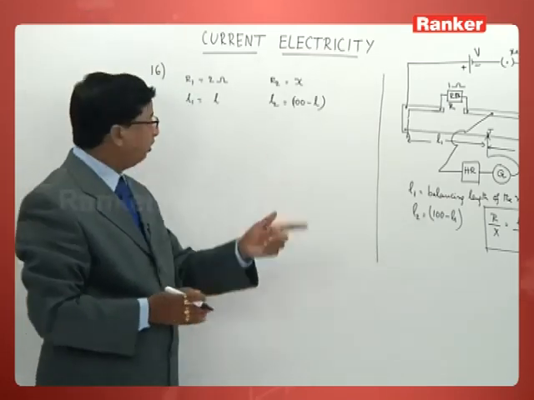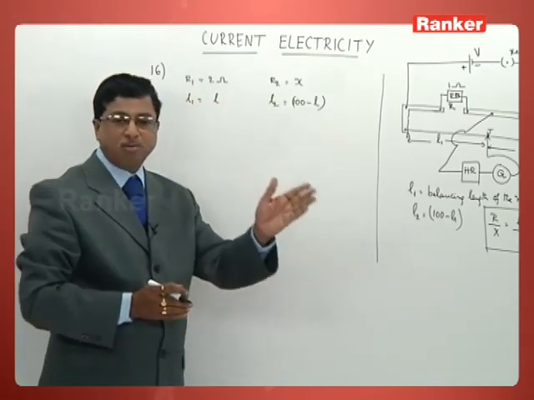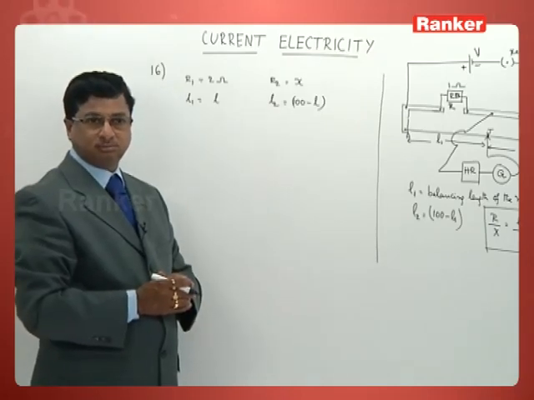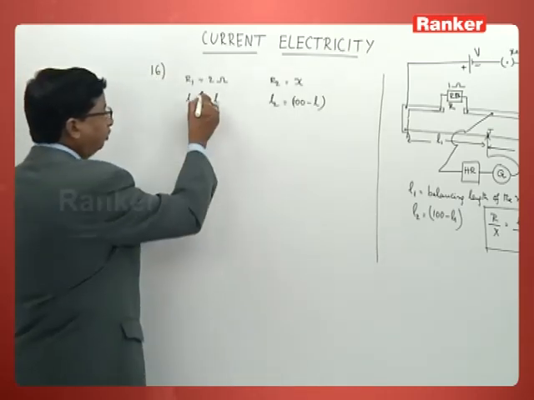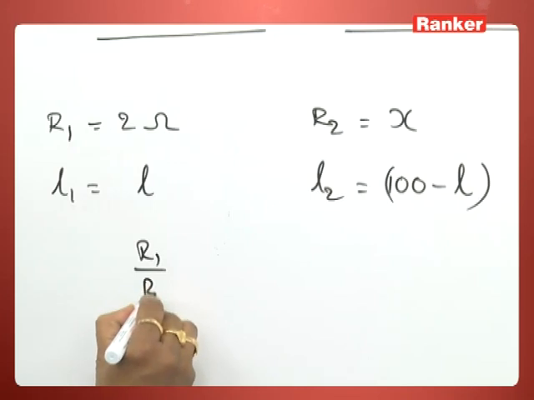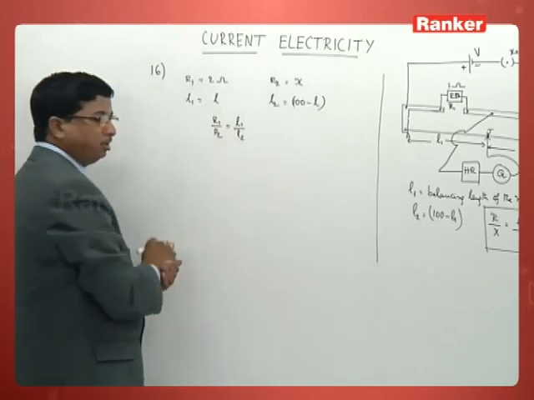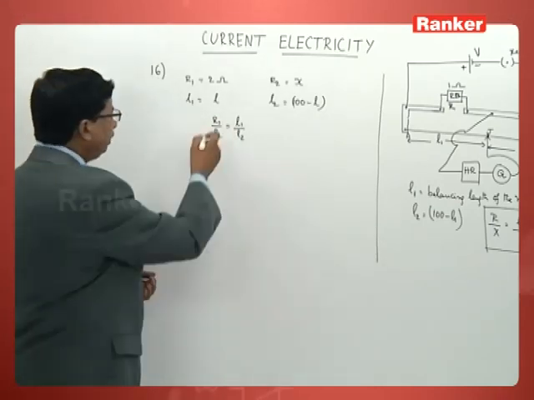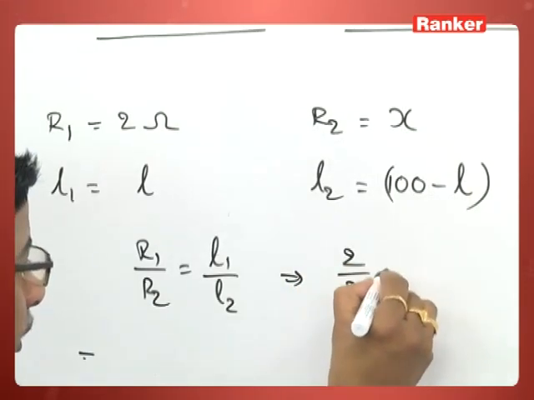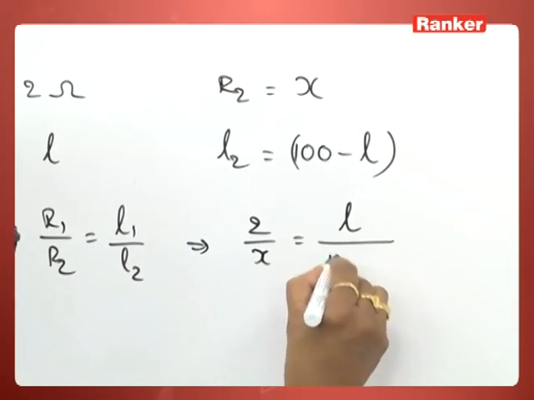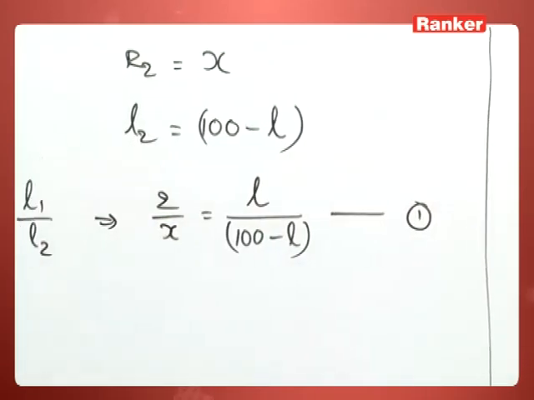Therefore, I am considering the balancing length towards my left is L, towards my right is 100 minus L. Then you can write R1 by R2 is equal to L1 by L2, according to that formula I am writing. So what is this R1 by R2 here? This implies 2 by X is equal to L by 100 minus L. This is my first equation.